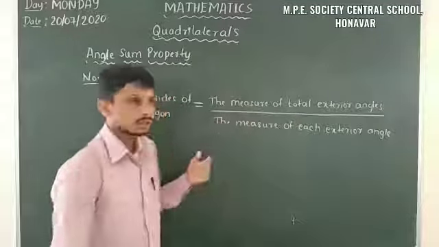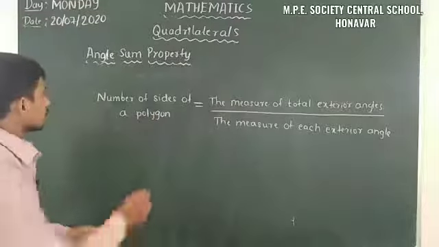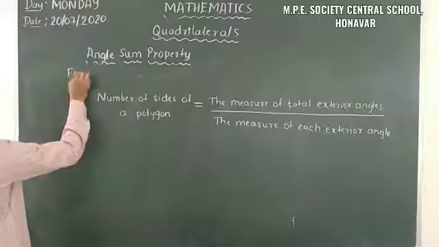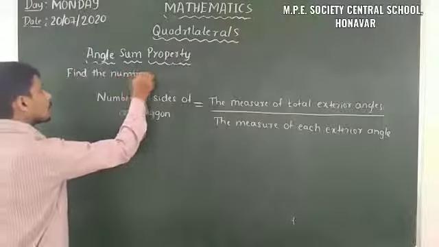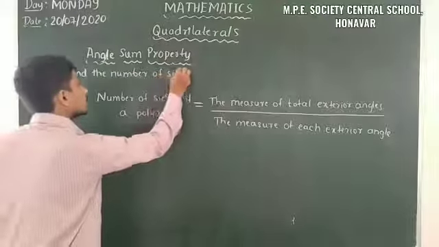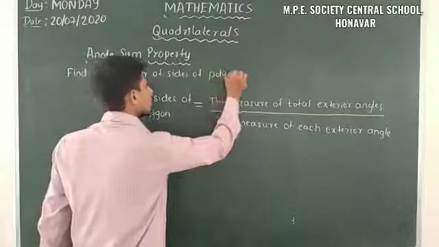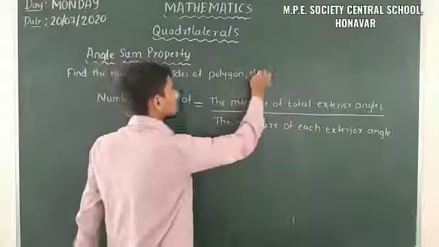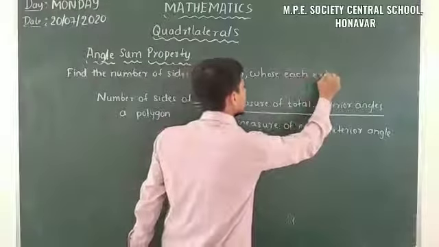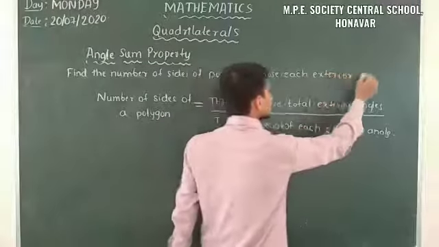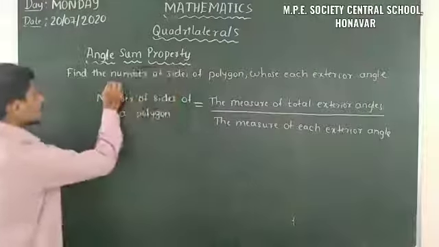So let us move on to the first example. Find the number of sides of a polygon whose each exterior angle measures 60 degree.